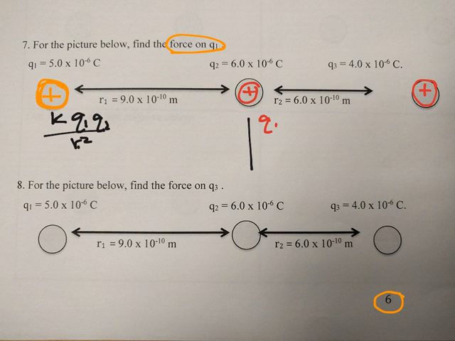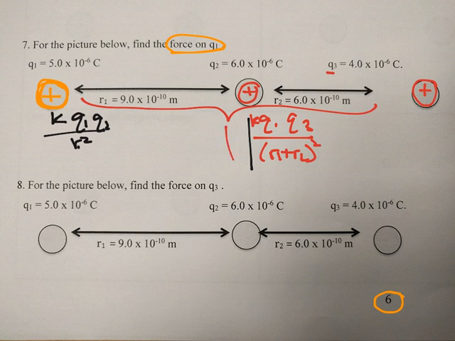Oh, and this is the R1, the distance between them, and Q3, this guy, over not just R2, but R1 plus R2 squared, because that's the entire distance between them.